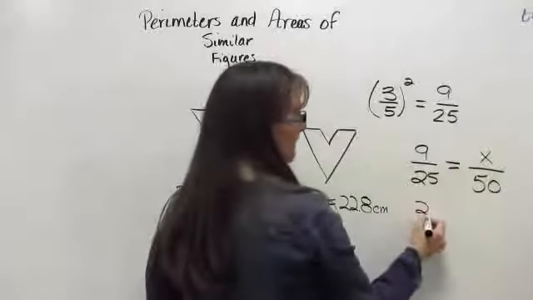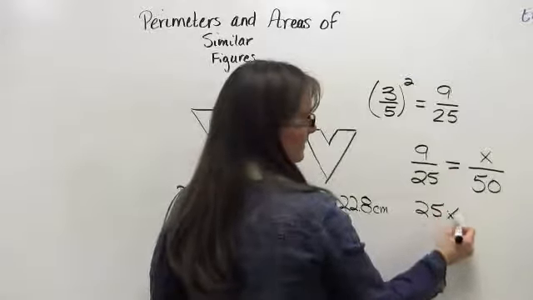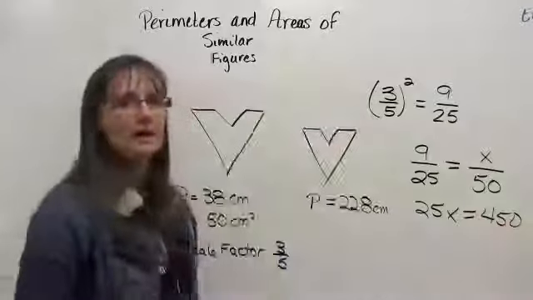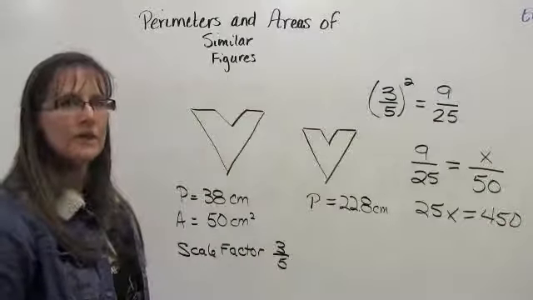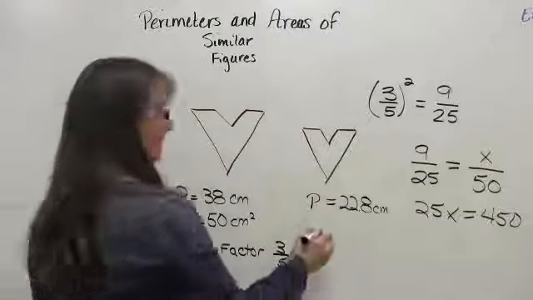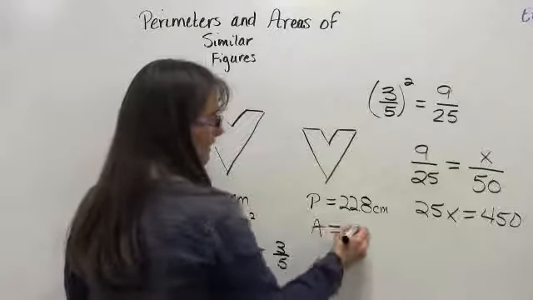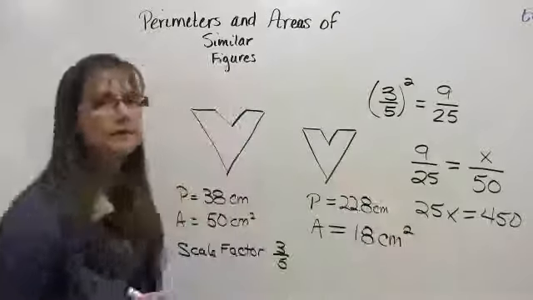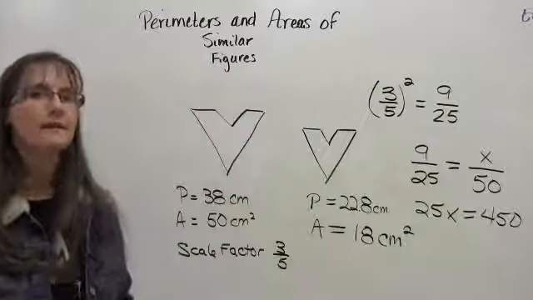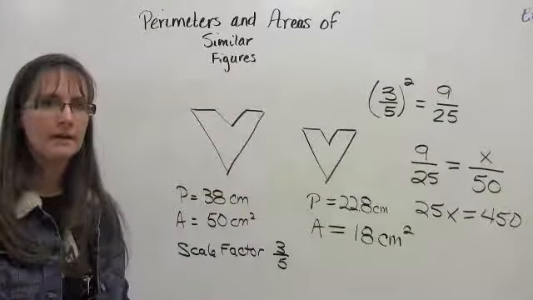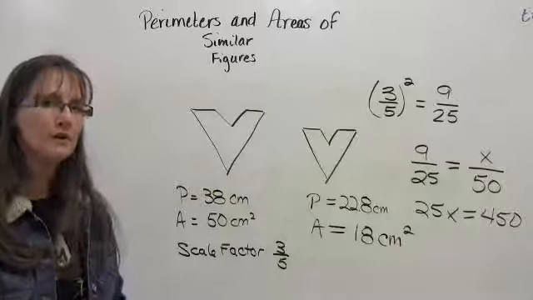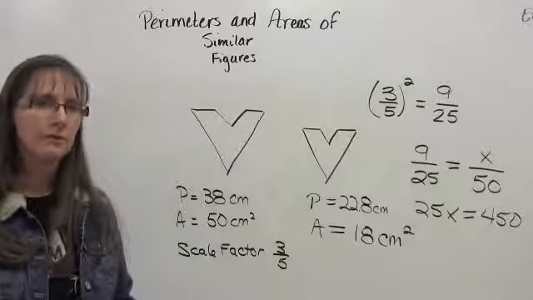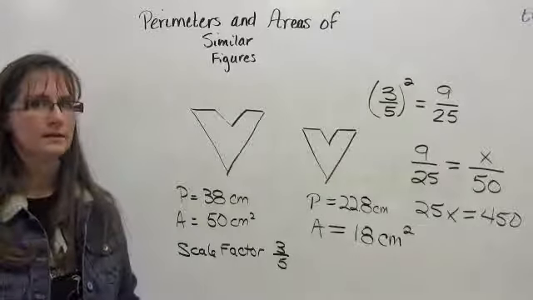Cross multiply, 25x is equal to 450. And when I divide, I find out that x is equal to 18 centimeters squared. And that's how you find the perimeter and the area if you know that the figures are similar and you've been given the scale factor, or you can figure out what the scale factor is.